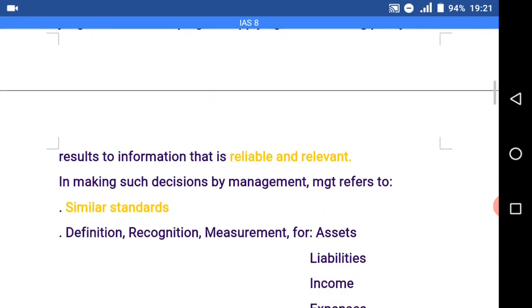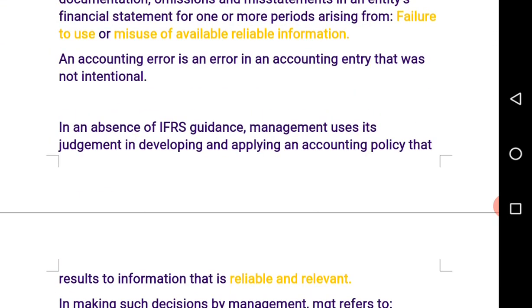So management is free to set the rule by which that particular transaction is recorded in your financial statement. If there's no rule given by IFRS on that particular transaction, the management is free to set its own rule.